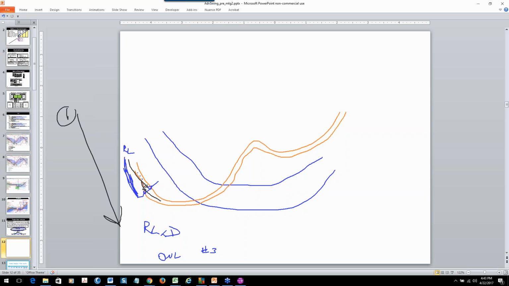Criteria 2 is that you had an RLXD outside the river. Then the RL10 crosses the dragon, the RLXD, that's criteria 3. When the dragon rolls up and the 30-period regression line rolls up, that's numbers 4 and 5. Then you have an owl pattern.